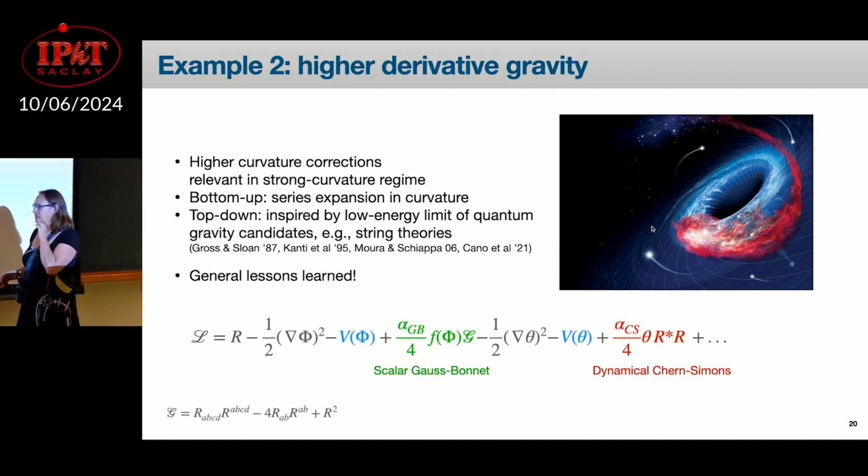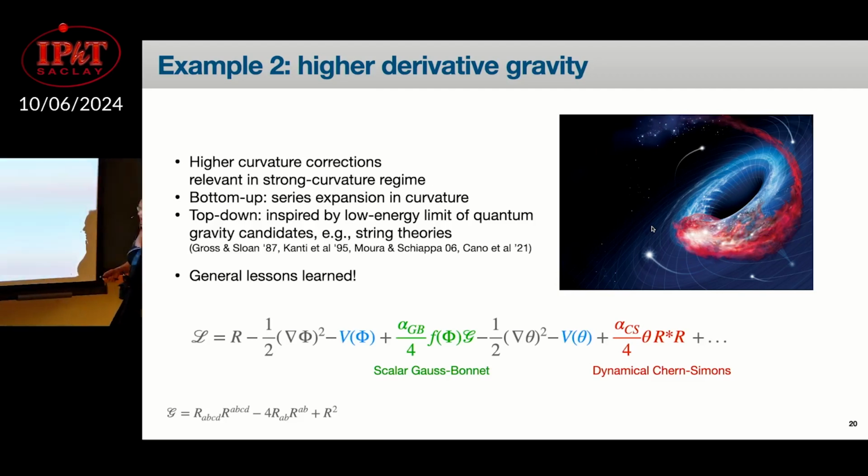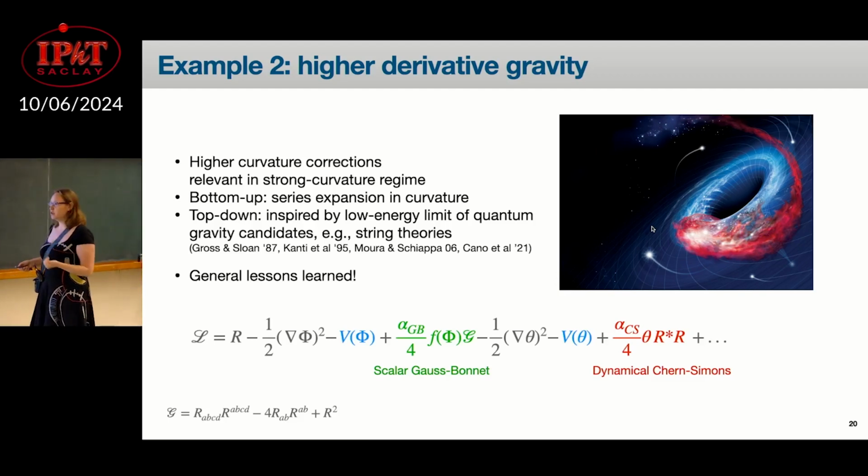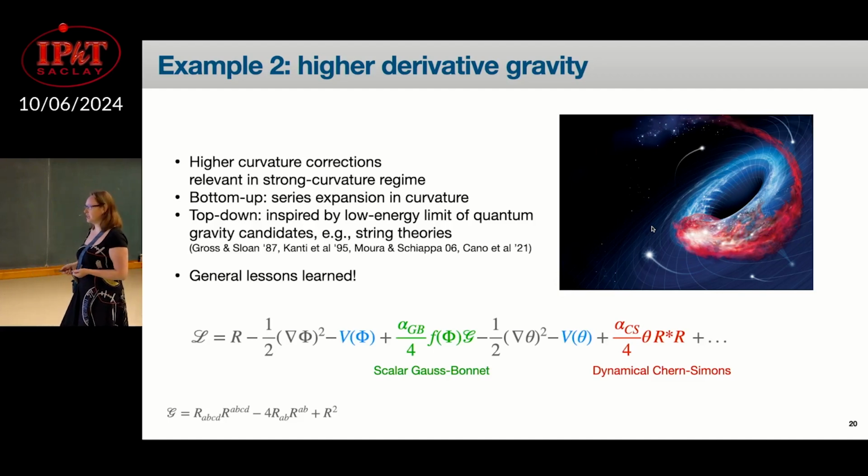Before I show you one example of a simulation, and I think that this is all I'm showing you for this, I want to tell you about some of the lessons that we've learned by looking at these problems. Because if you write down the equations of motion for what I call here scalar Gauss-Bonnet gravity or dynamical Chern-Simons gravity, what you get are equations of motion that are second derivatives of the metric but to higher order.